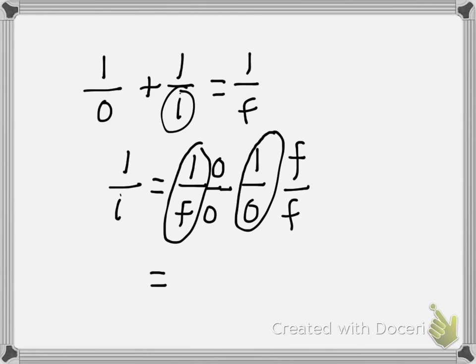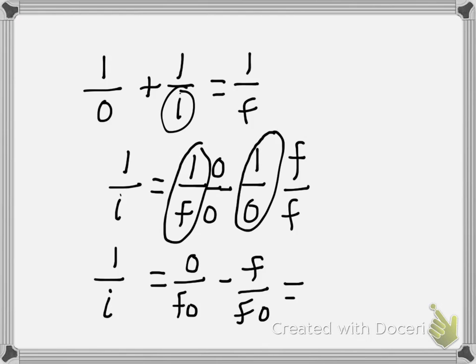So now I have O over FO minus F over FO, right? So this is still 1 over I. So this is equal to O minus F over the product of F times O.